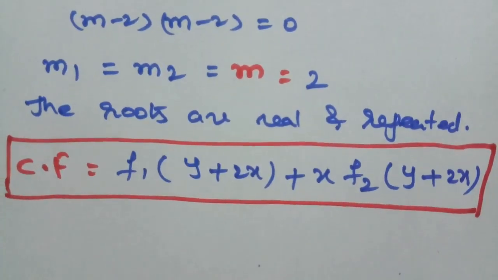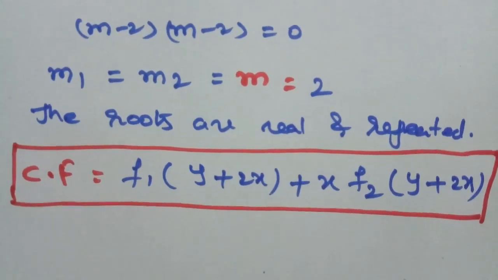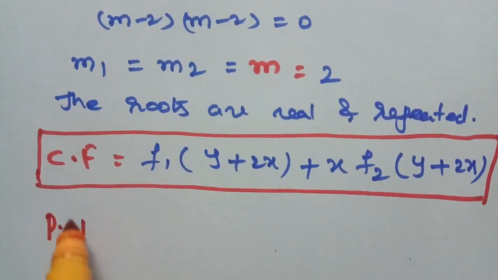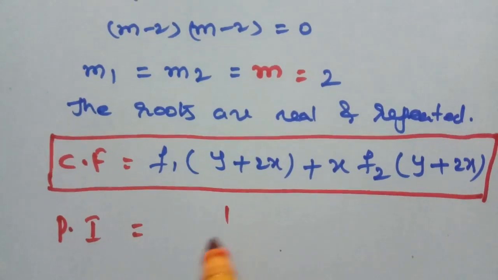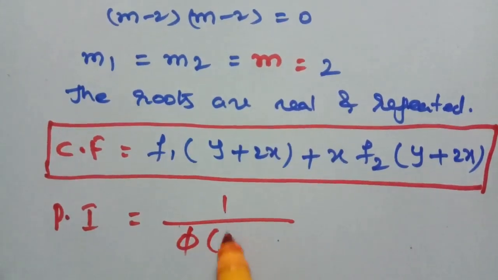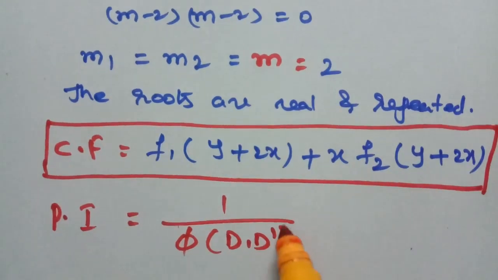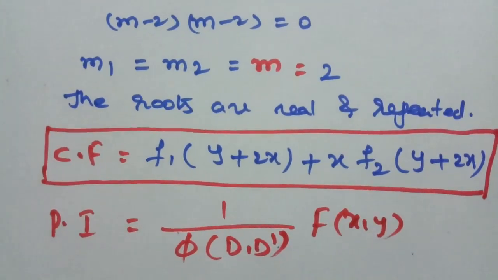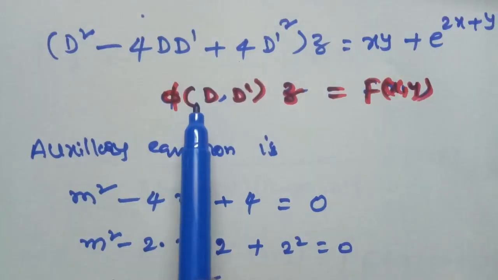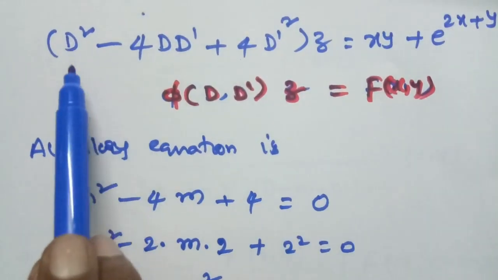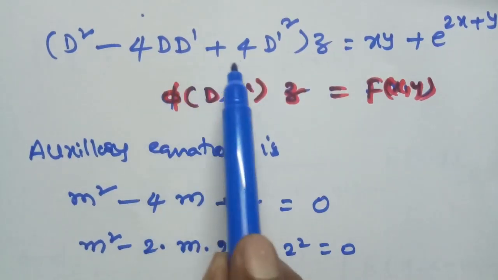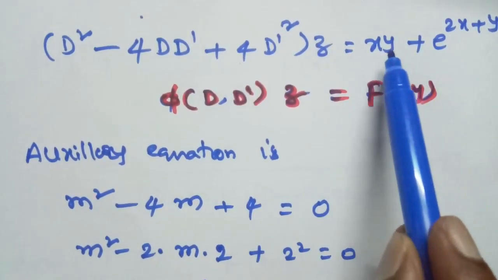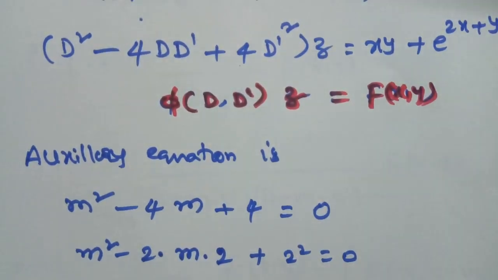Therefore, to find the particular integral, PI is equal to 1 by φ(D, D') into f(x, y). φ(D, D') is equal to D² minus 4DD' plus 4D'². f(x, y) is equal to xy plus e^(2x+y).